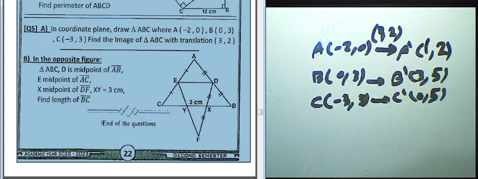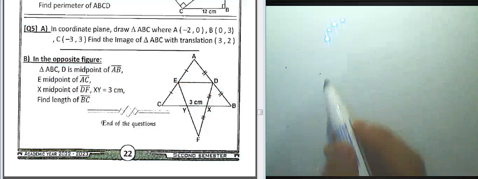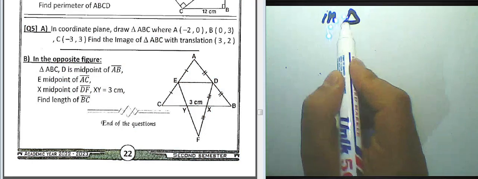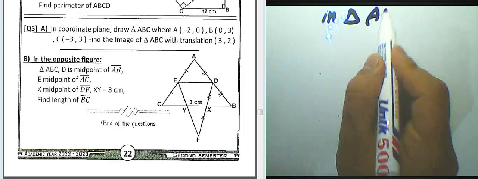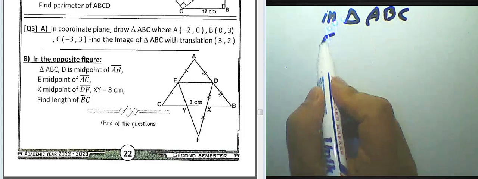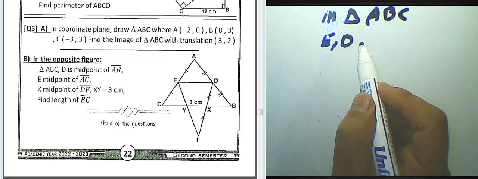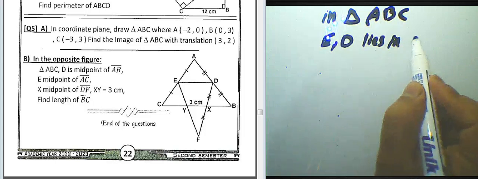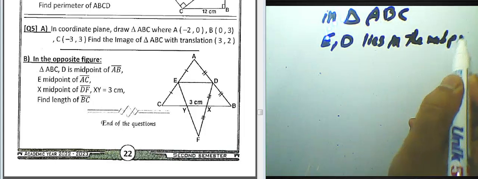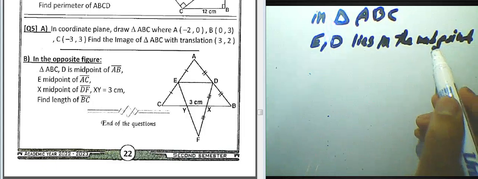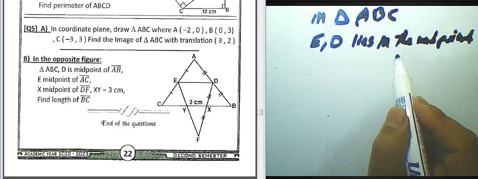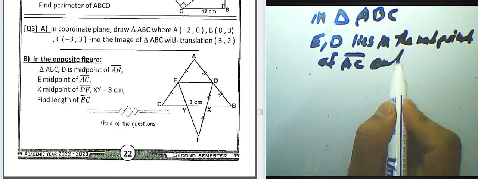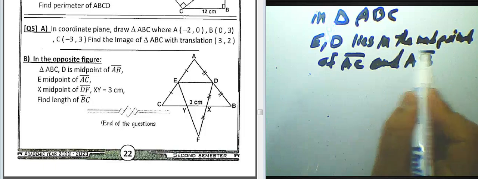it will be parallel. Okay, look with me at the steps first, such that in triangle ABC, E and D lie at the midpoints of AC and AB.